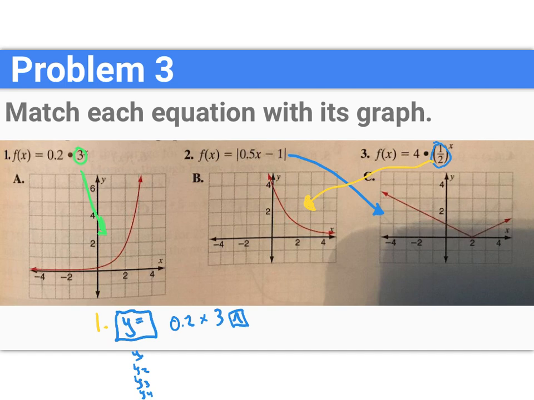Then you'll hit the button next to the green alpha key, and then you hit enter. And then graph, which is at the far right. You'll see that the graph matches.